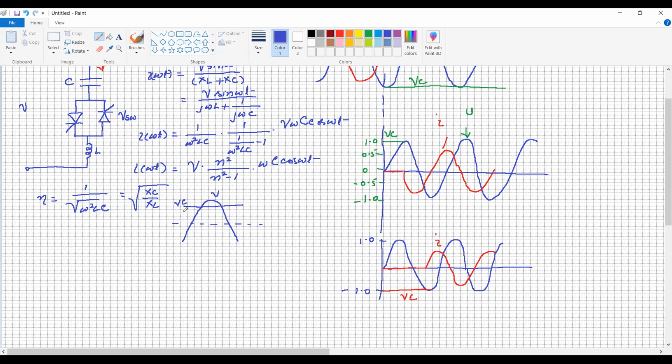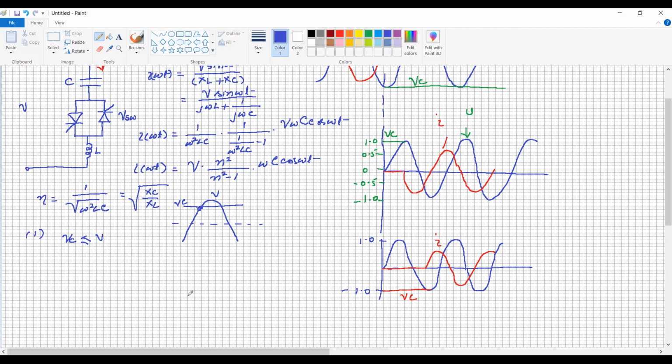This is V and this is VC. This is the charged condition before switching on the capacitor. So when the voltage across the capacitor, or charge voltage, is less than the system voltage, if you switch on the capacitor at the intersection of VC and V, it will give transient free switching of the capacitor. So this is condition number 1.